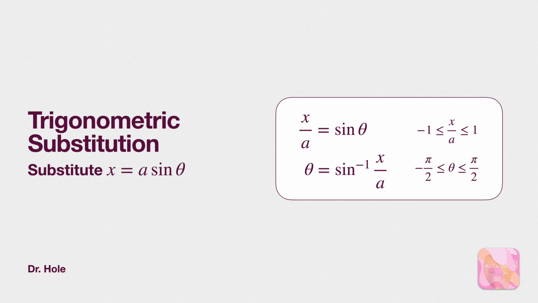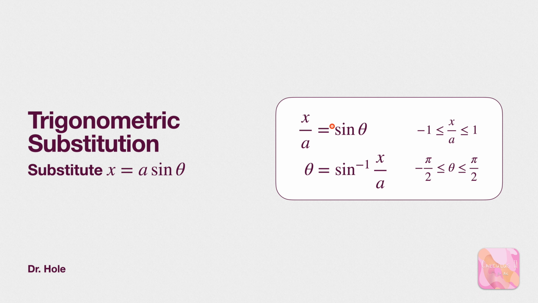Very good. Now, by placing a restriction on the angles theta from negative pi over 2 to pi over 2, we can recover theta from the expression x over a equals sine theta by applying arcsine to both sides.